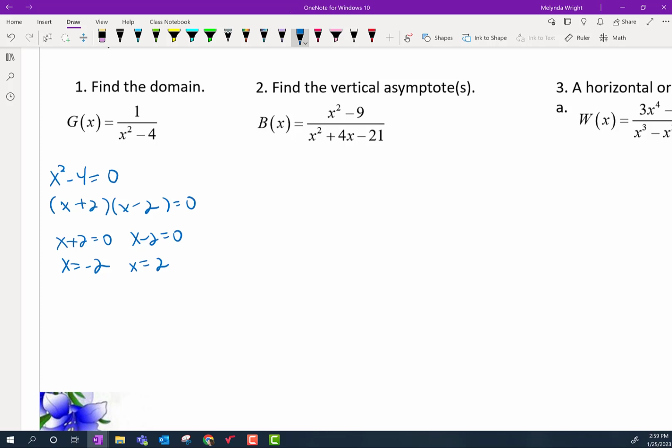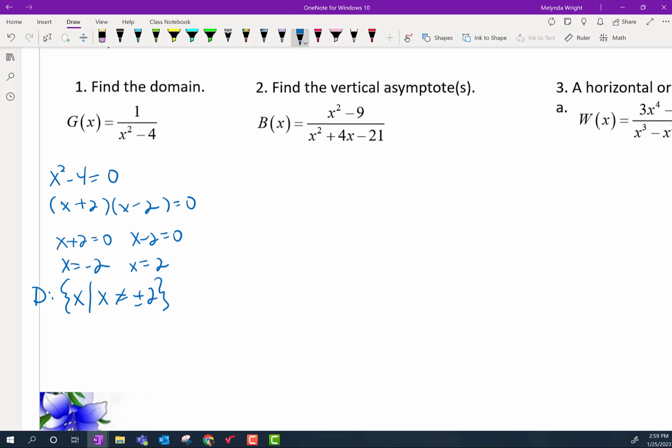Now, if you want to write it in set notation, I kind of favor set notation, but I'm not sure which way your book is going to ask, so I'll do both. In set notation, it would be all x such that x cannot equal plus or minus 2.